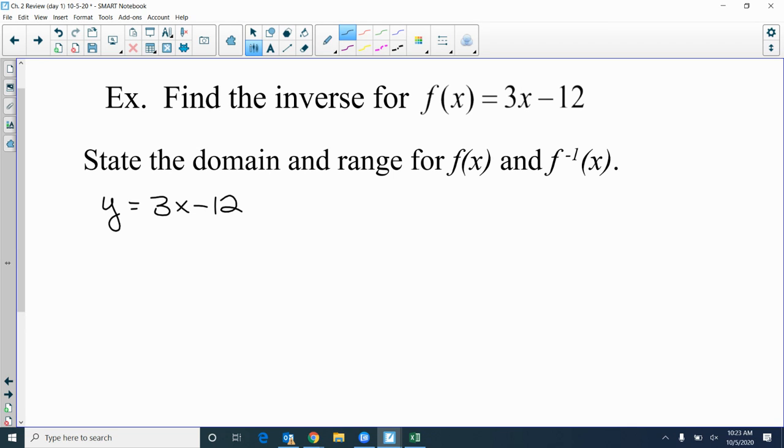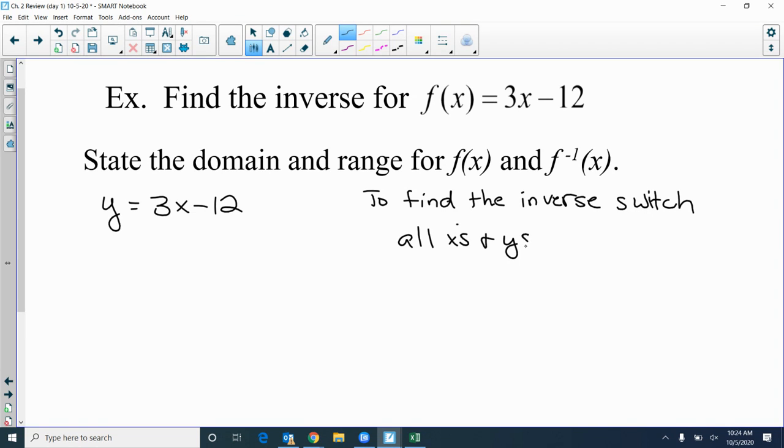Okay. So to find the inverse, switch all x's and y's, and solve for y.